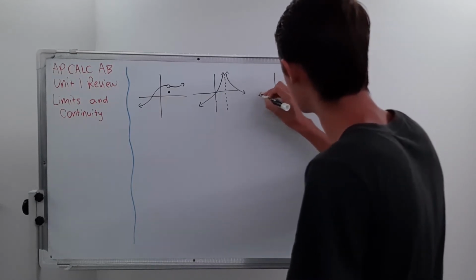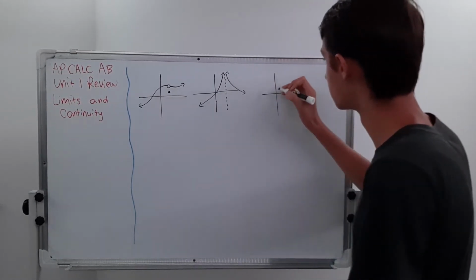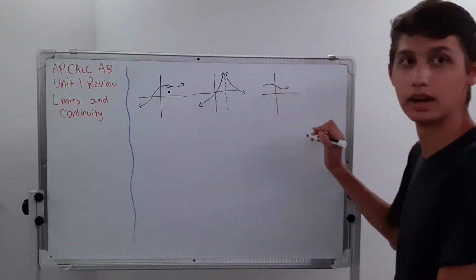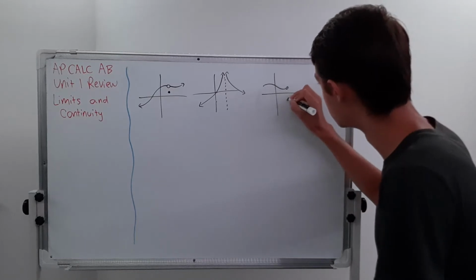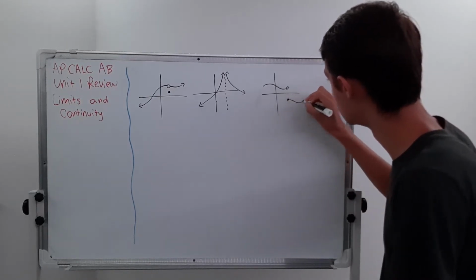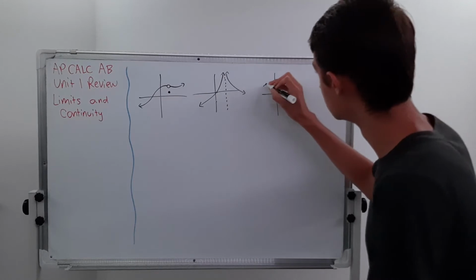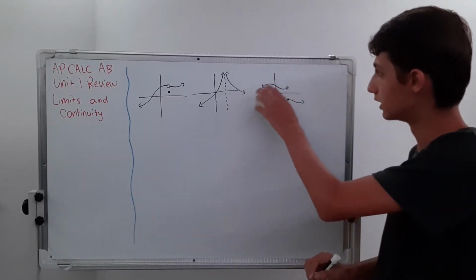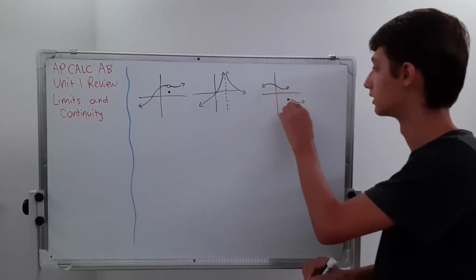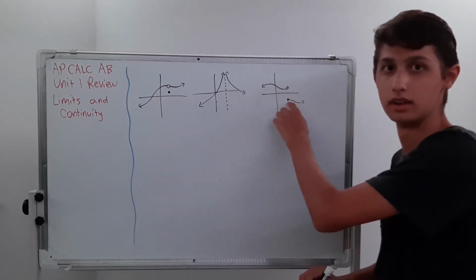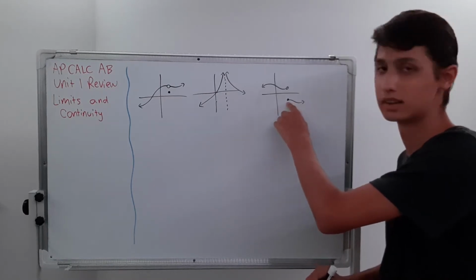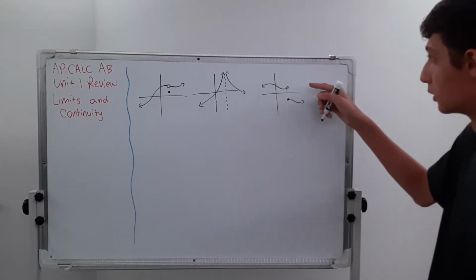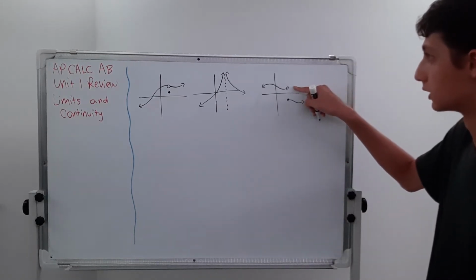What if we had something like this, and then we have an endpoint there, a hole there, and then what if it jumps down to here and it just keeps going, and these two have arrows going there. Everywhere else it's continuous. It's just here it's not, and so that's obviously a discontinuity. So basically, these are discontinuous.